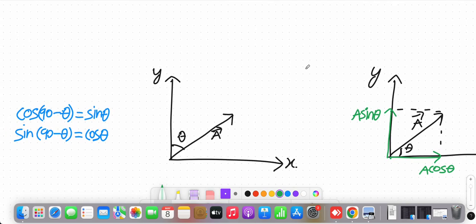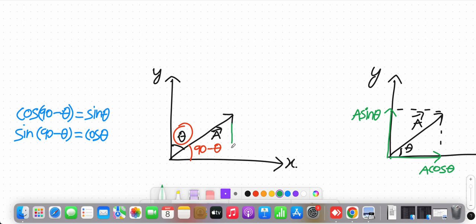What if this is a vector and this angle is theta, not this angle? Now if the angle the vector is making with the y-axis is theta, then this angle in this case must be 90 minus theta.